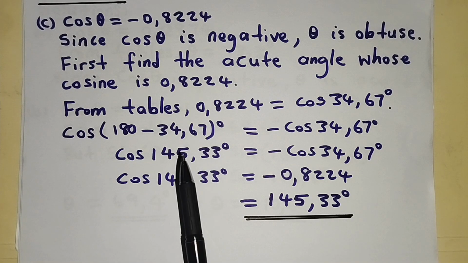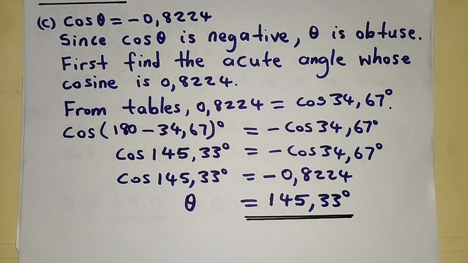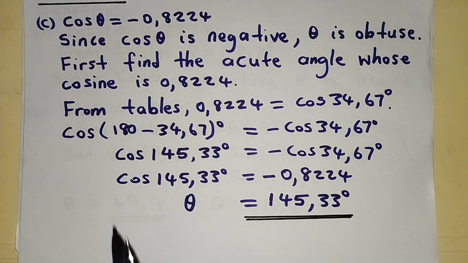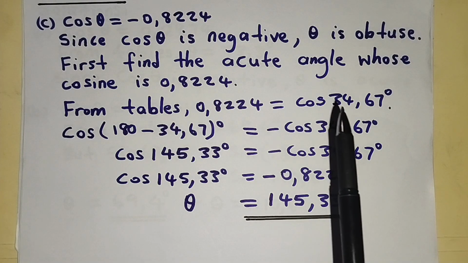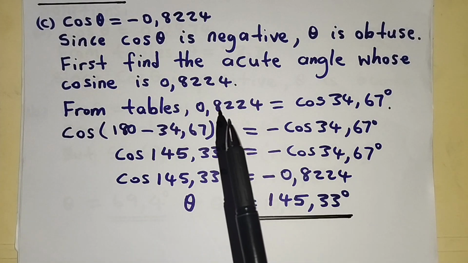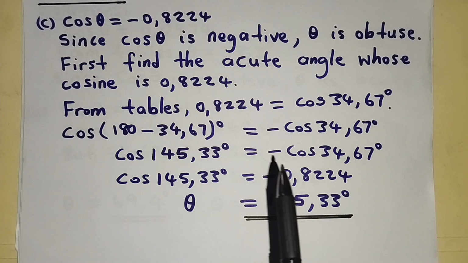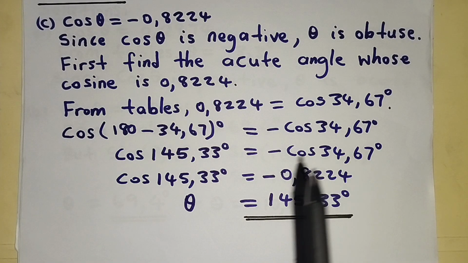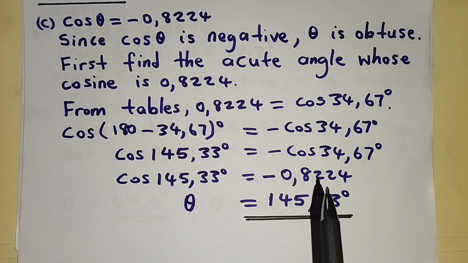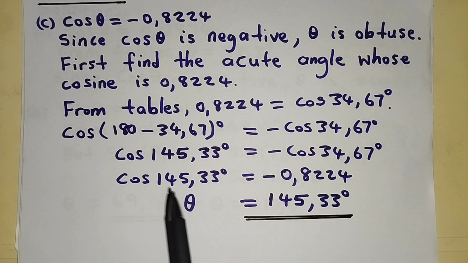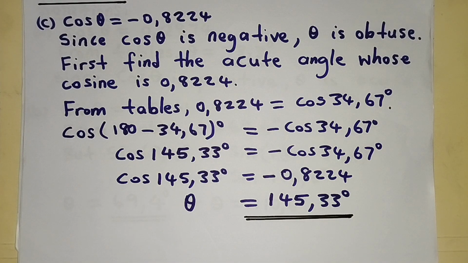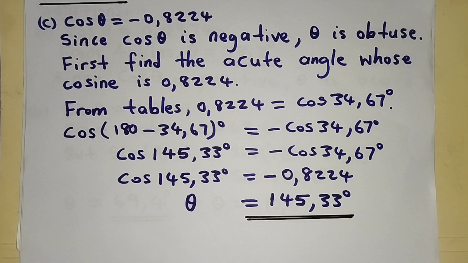So cos 145.33 degrees, which is obtuse, equals minus cos 34.67 degrees. But we know that the value of cos 34.67 degrees is 0.8224. So minus cos 34.67 degrees is minus 0.8224. So finally, cos 145.33 degrees equals minus 0.8224. Therefore, theta in this case is obtuse, 145.33 degrees.